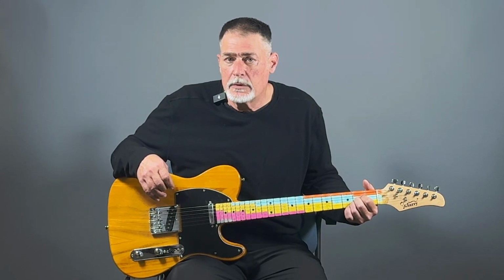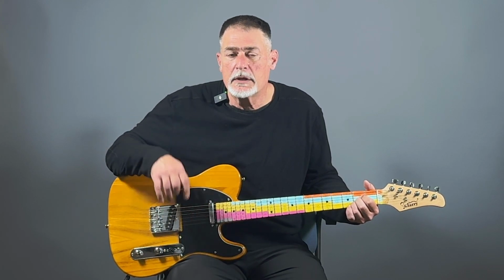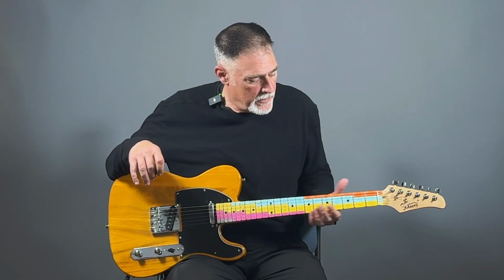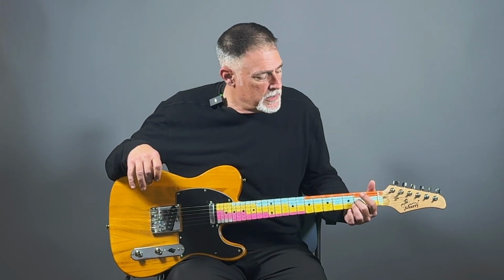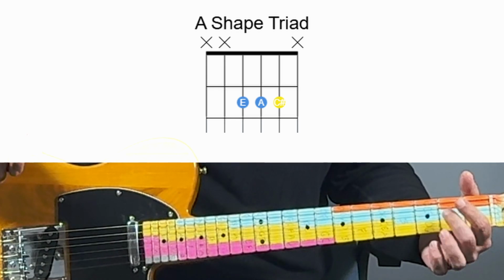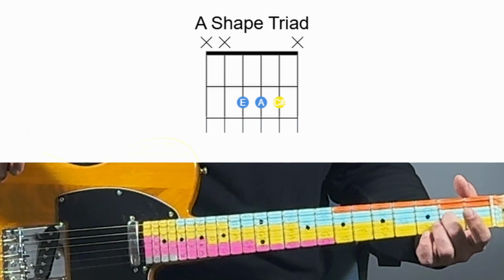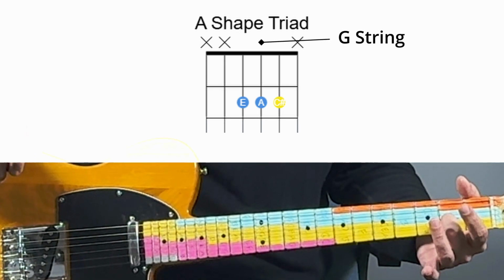The A shape, when you exclude the 6 string, the 5 string, and the 1 string, can be moved down the fretboard. The way in which you can move it to any major chord with 3 notes, called a triad, is to focus on your middle finger that is on the G string.